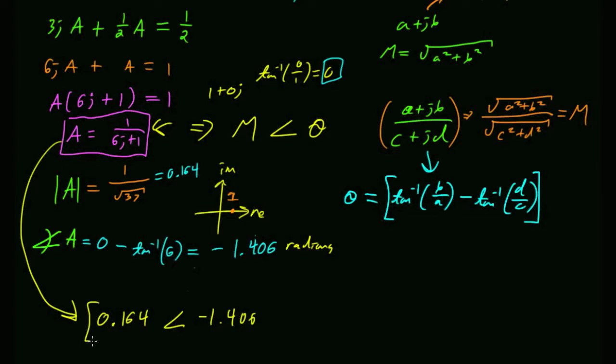This and this are exactly the same number. Exactly. In fact, I'm sure your calculators all do complex numbers. If you did 1 plus 6j and took the reciprocal of it, I'm pretty sure your calculator would tell you that you got this magnitude and this phase. We just did it by hand so we could understand how the pieces fit together.